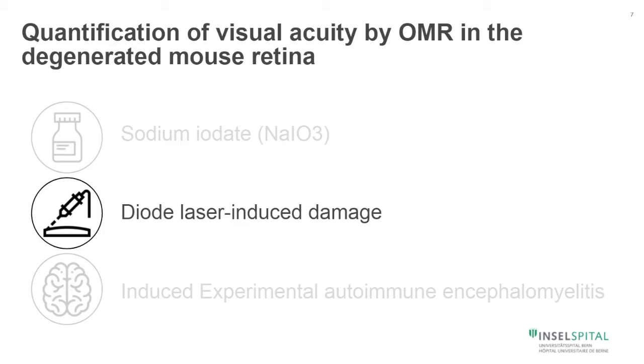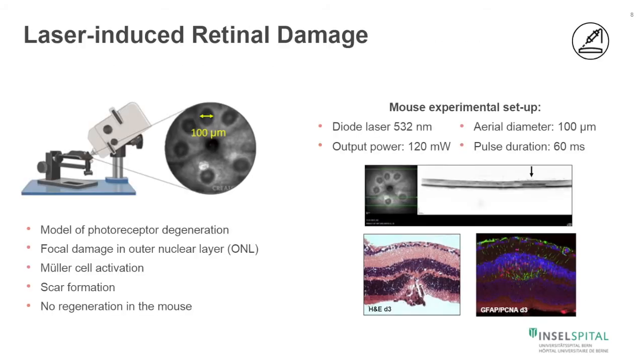But when we look at a different animal model, in this case the diode laser-induced damage to the photoreceptors, it looks a little bit different. Here we are using a model of photoreceptor degeneration induced with a diode laser of 532 nanometer wavelength. And what we do, we induce 4 to 6 laser spots to the retina with a diameter of approximately 100 micrometer.